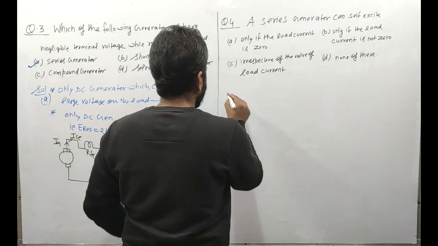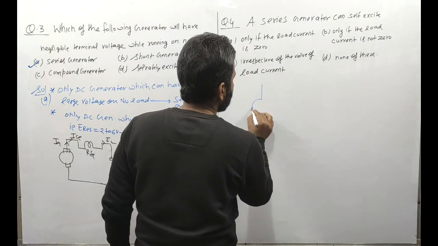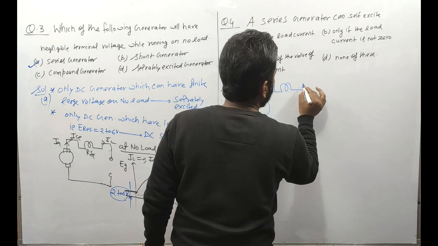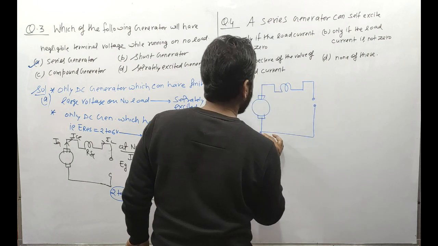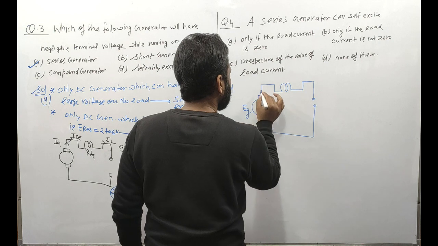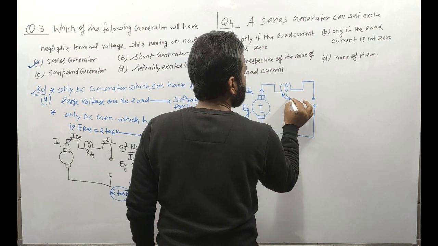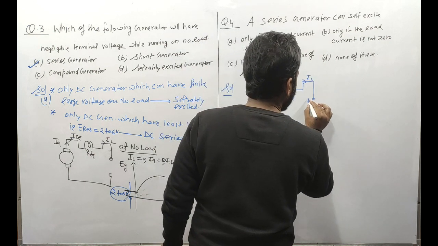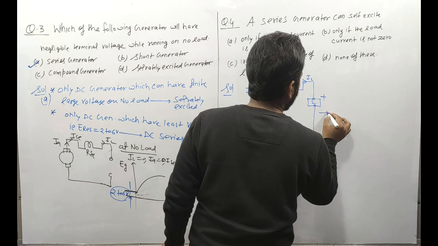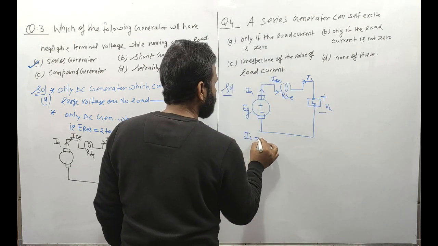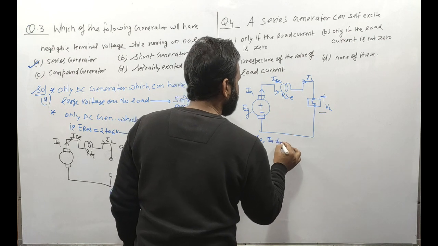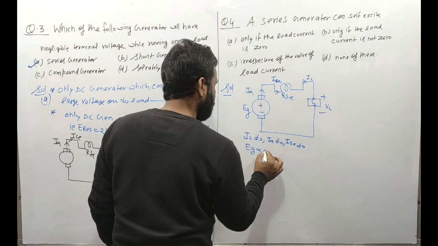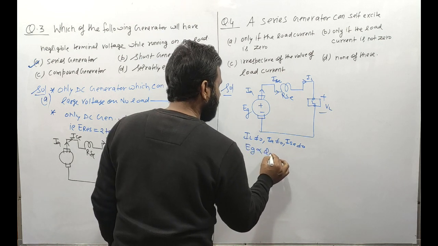So if you draw the diagram, we just discussed when a series generator will self-excite. This will be self-excited, itself. Okay. Then it is easy. This is IF, this is RSC or RSE, whatever you say, ISC, and this is your load current. Now when there will be a load connected, when IL is not zero, IA is not zero, then ISC is not zero, then EG is directly proportional to phi f into omega.